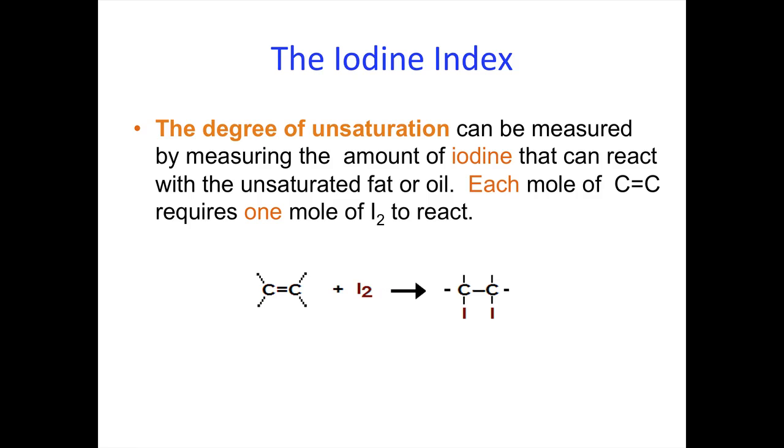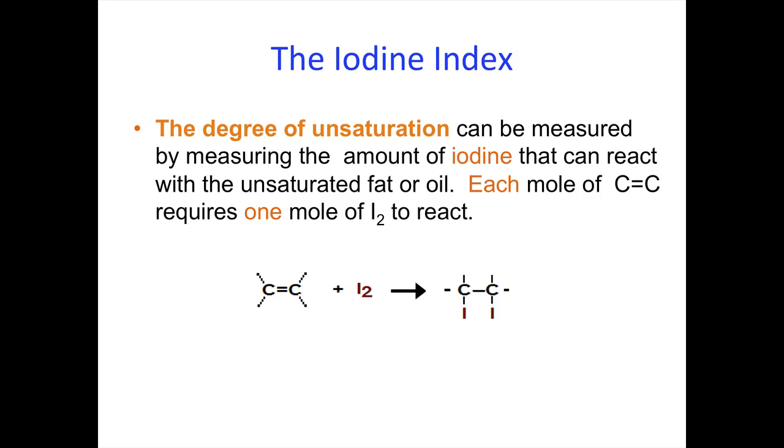Now, how many double bonds are present can be answered if you use the iodine index. All right, so the iodine index shows the degree of unsaturation. All right, it measures that, and basically what you're doing is something just like what you did with hydrogen.